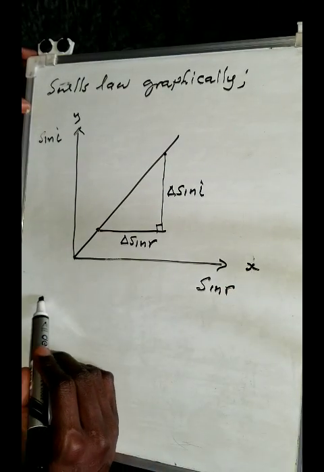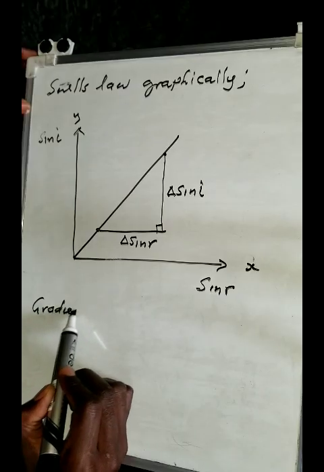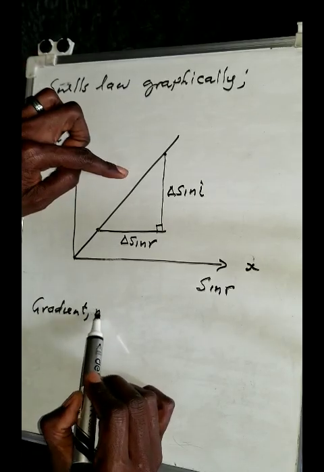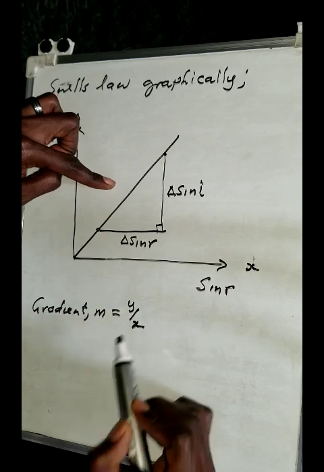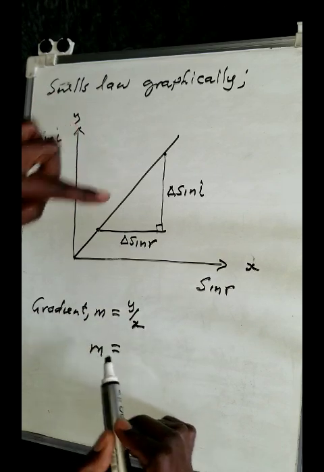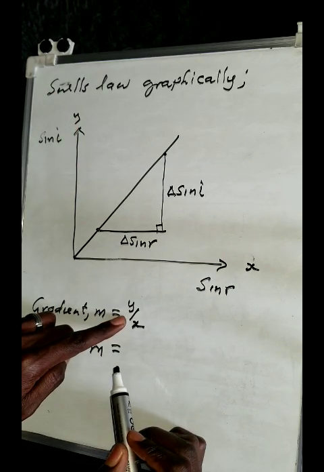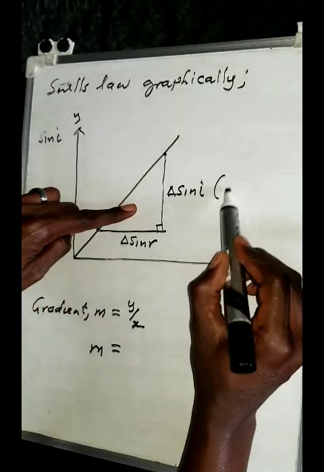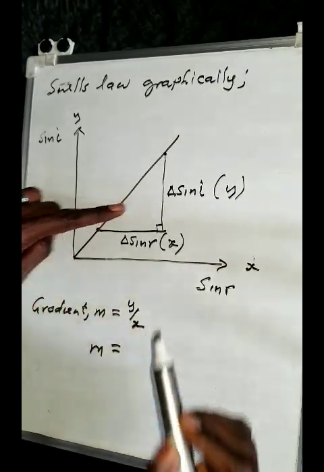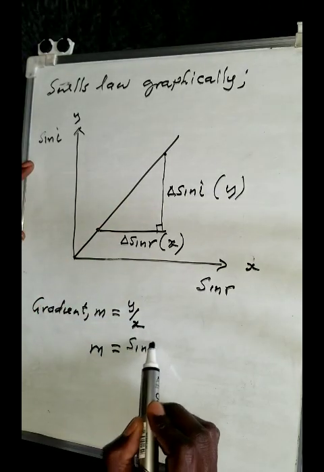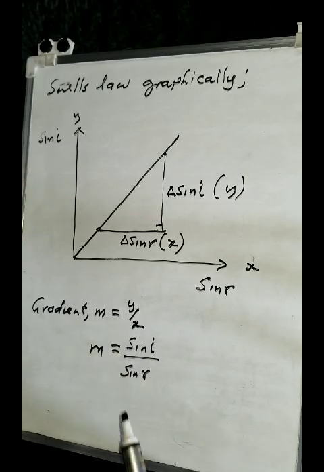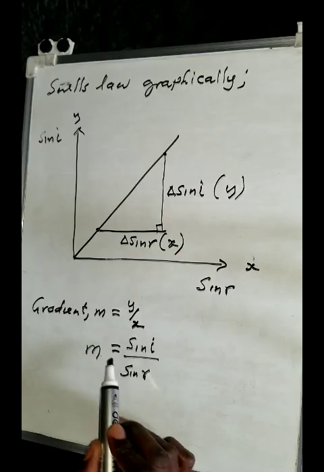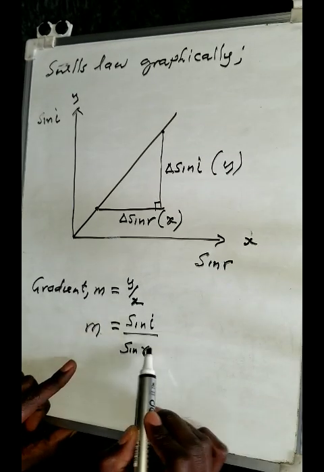You are going to find that the gradient of this line represented by m will be equal to the change in the y step divided by the change in the x step. So what is the change in the y step? The y, remember, is this one, and the change in the x step is this one. So it will be sine I divided in this case by sine R. So you can see the gradient is equal to sine I divided by sine R.